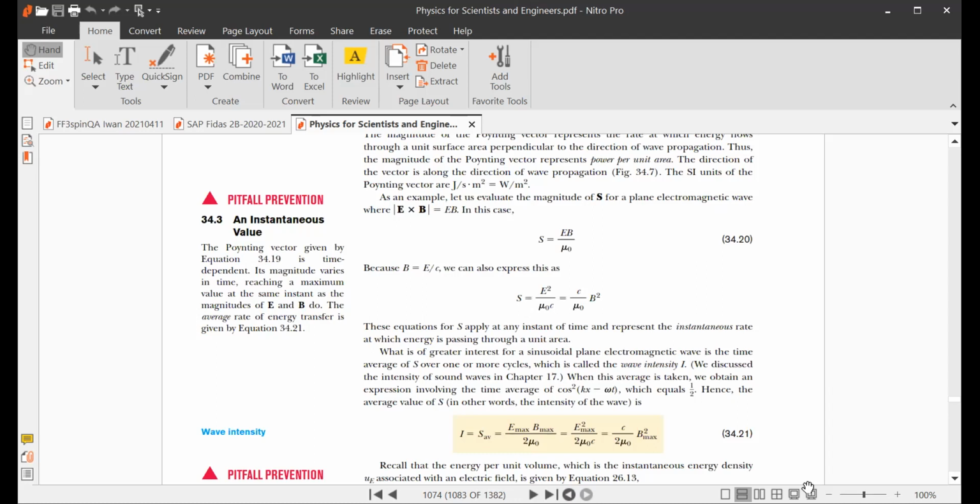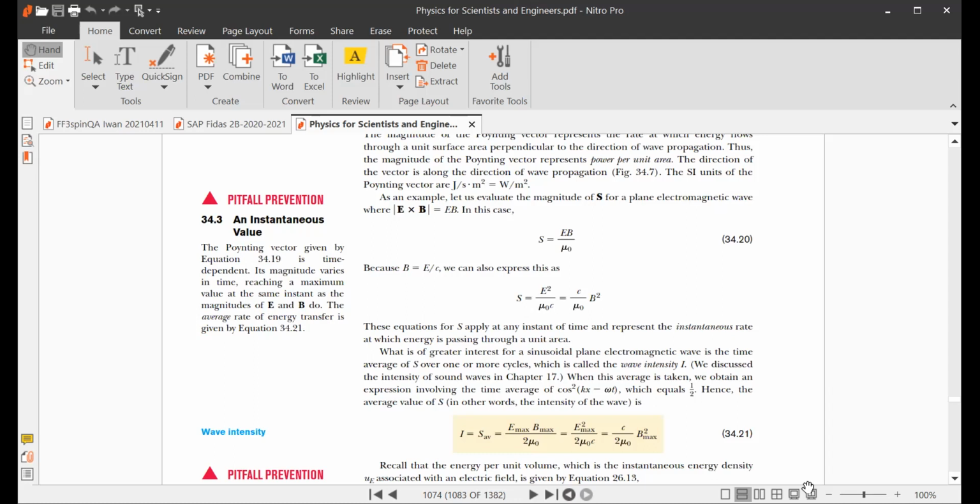Because the function in general depends on x and t, we have to average this quantity. We have to average this function for a fixed point.